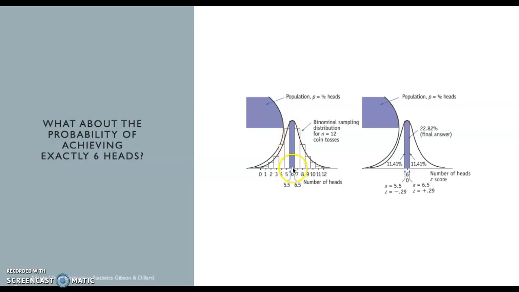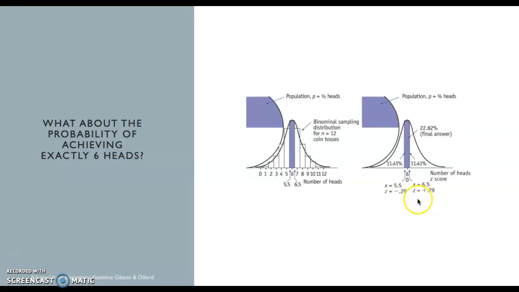As you might remember from the first lectures, when we do the histogram, we are going to do a width from 5.5 to 6.5.